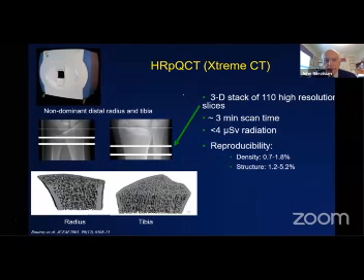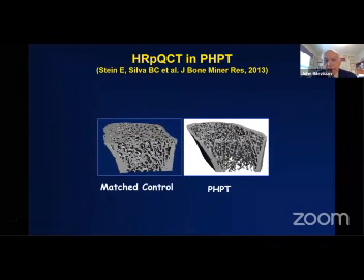We have taken advantage of high-resolution peripheral quantitative computed tomography to look into this, because this technology allows us to look at skeletal microstructure non-invasively at both cortical and trabecular sites. And this is just a depiction of some of our work.